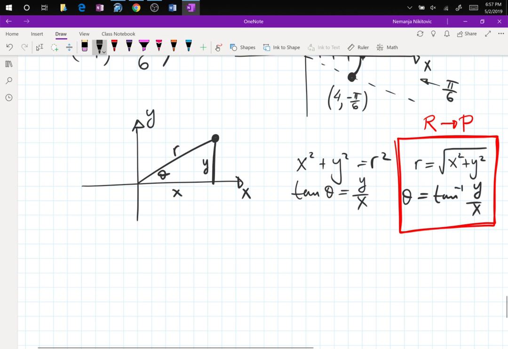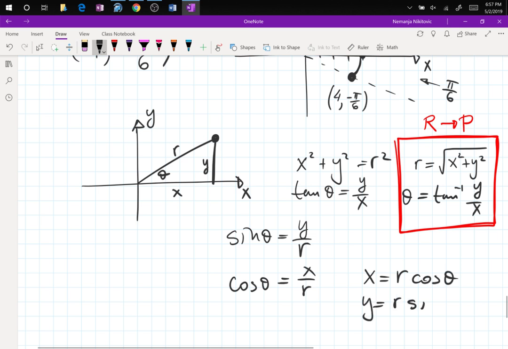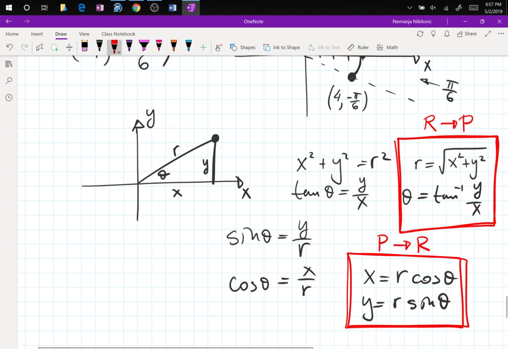I can also write sine theta is equal to y over r, and I can write cosine theta as x over r. So from these two equations, I can come up with x equals r cosine theta and y equals r sine theta. This is the way to convert from polar into rectangular coordinates.